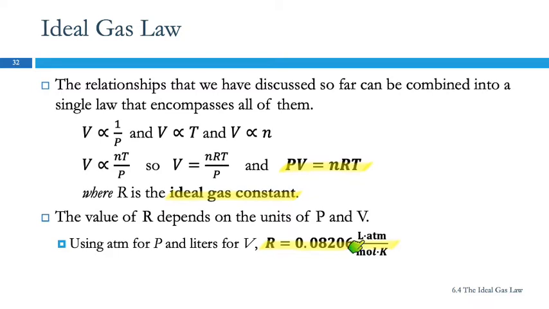So if we use liters for volume, atmosphere for pressure, moles for amount, and Kelvin for temperature, then it has a value of 0.08206 liters times atmospheres divided by moles Kelvin. And the units here tell you, get all of your other parameters to match up with these units, and then the equation will be good.